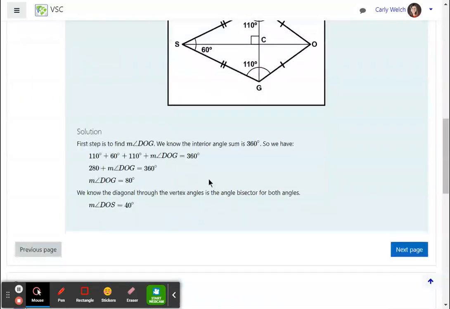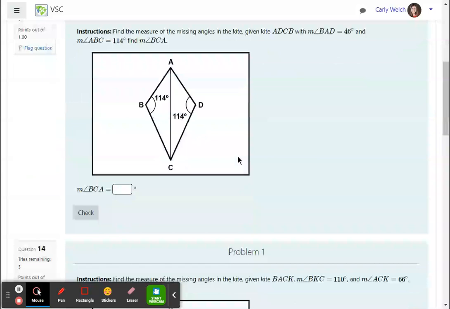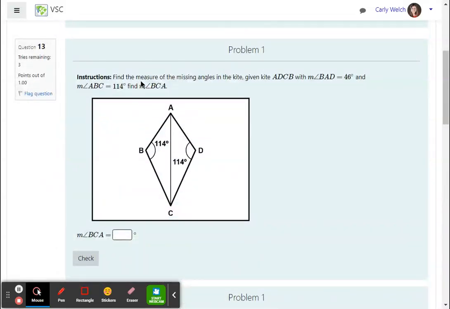All right, so there's a couple other kite problems. And let's look at this one. So find the measure of the missing angles in the kite, given that measure of angle BAD is 46. So that's this angle up here. So find the measure of angle BCA. So I know BAD is 46.